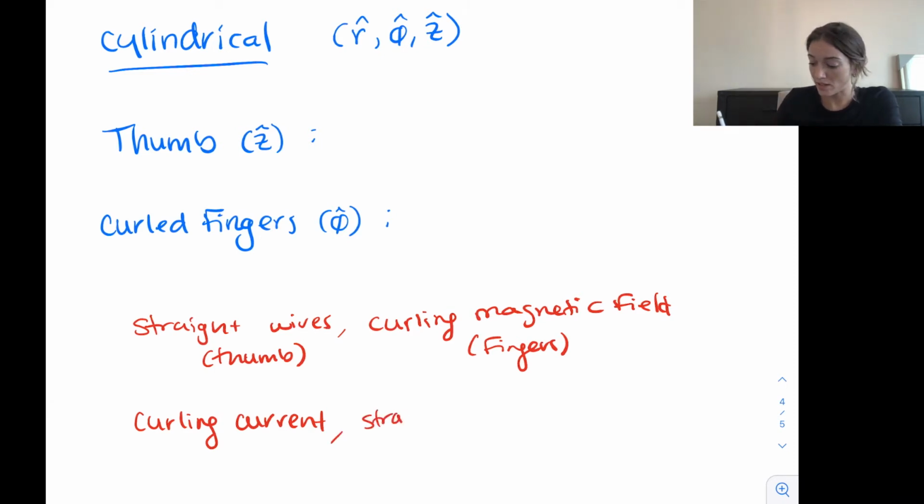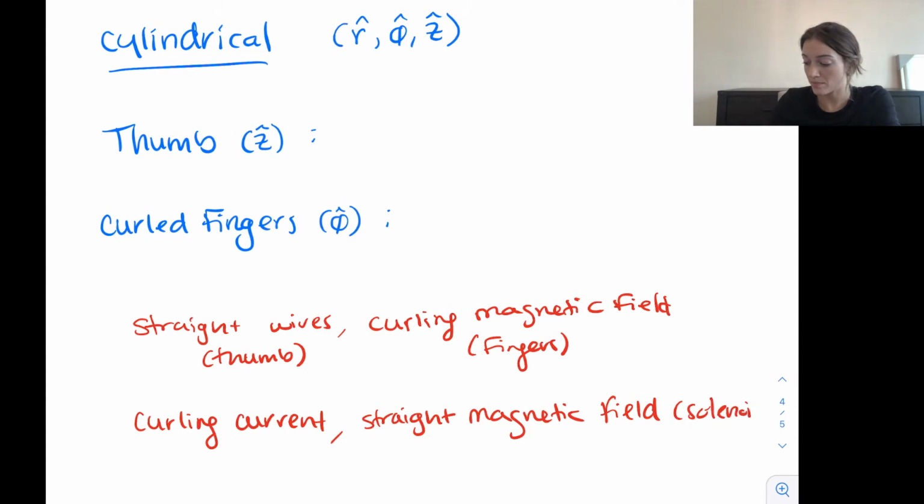So if you have a curling current, you get a straight magnetic field, like in a solenoid. So here, your curling current is your curled fingers, obviously, and then the straight thing is your thumb.